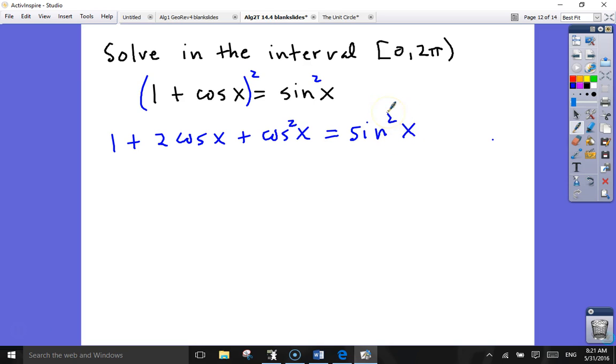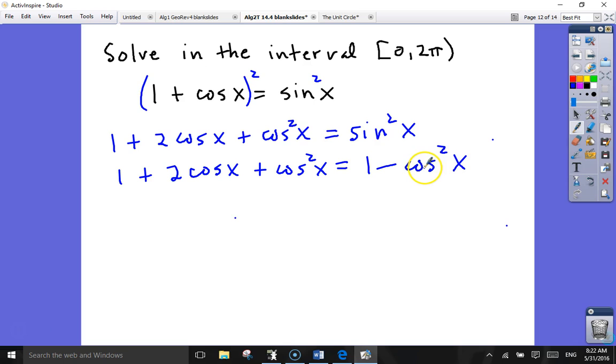But by the Pythagorean identity, what does sine squared equal? How about 1 minus cosine squared? So this looks like it's going to be a quadratic in cosine. I need to get everything on one side, 0 on the other.